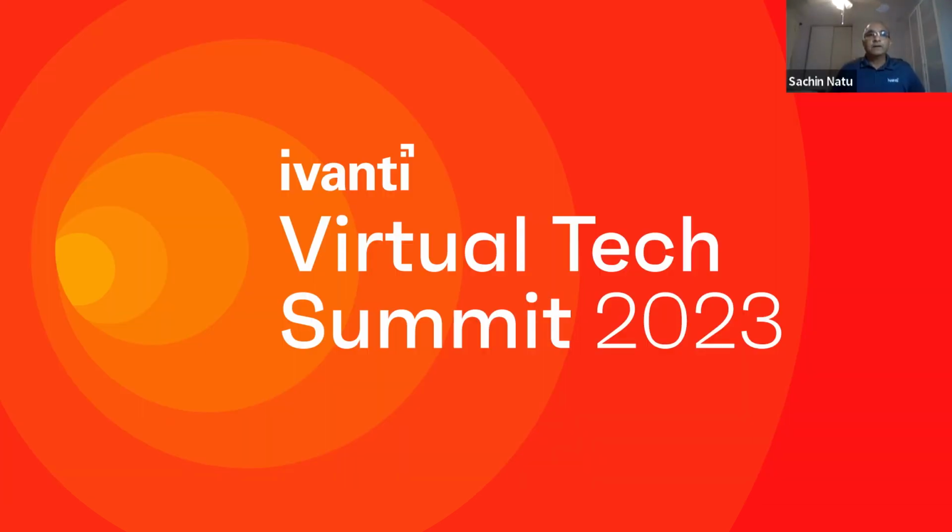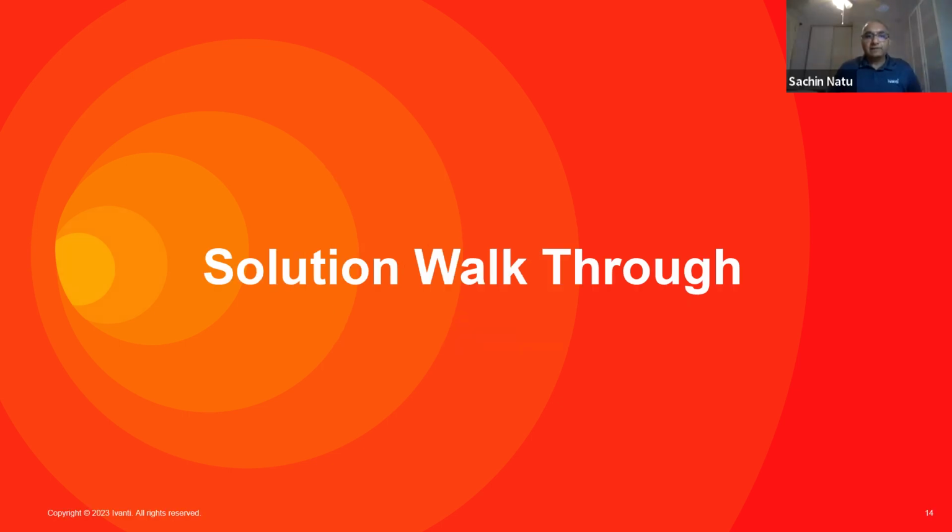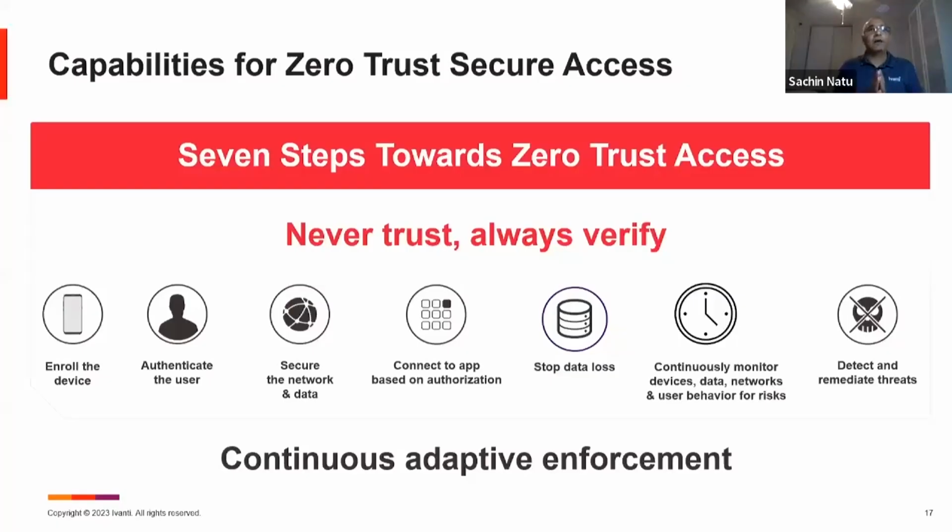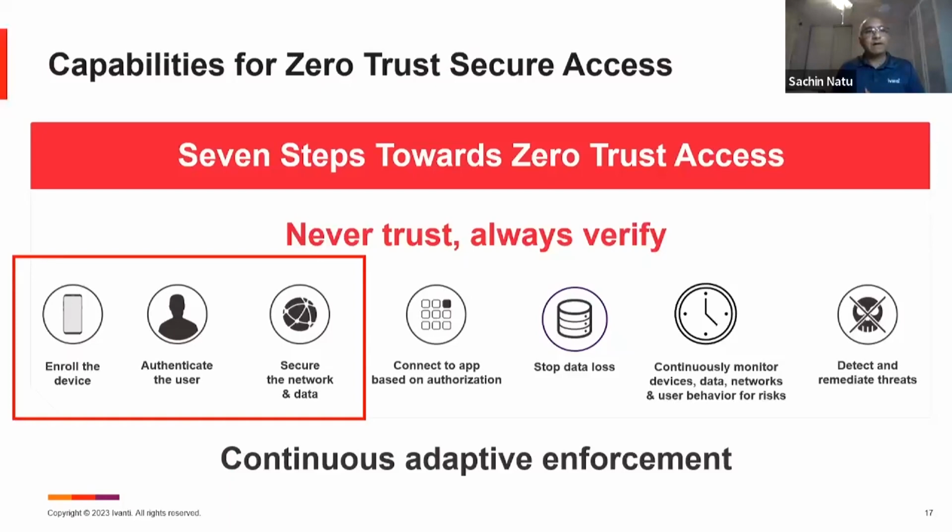Okay. So now, just to summarize, a quick summary walkthrough. We talked about the capabilities of Zero Trust. These are the 7 capabilities, if you will. The first capability is: enroll the device, authenticate the user, and secure the network with a modern stack.